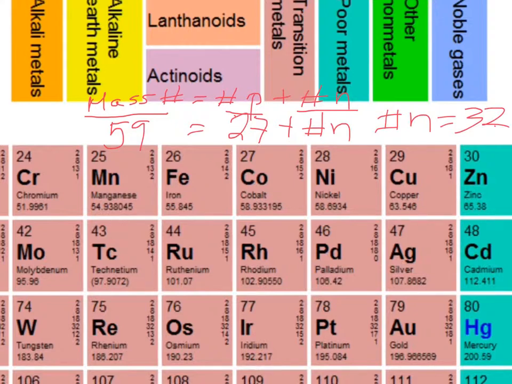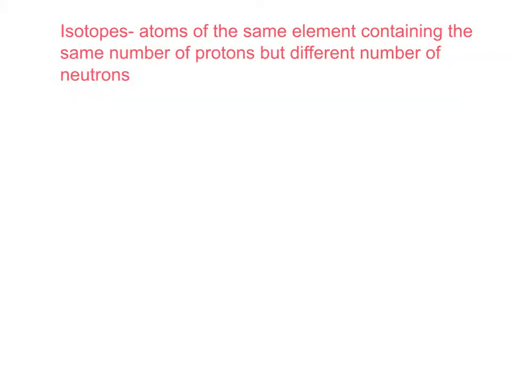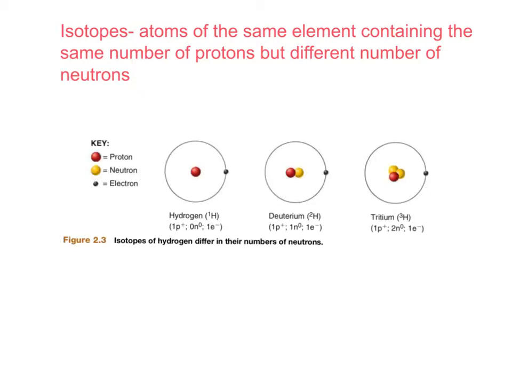Therefore, let's go on to define what is an isotope. An isotope is atoms of the same element containing the same number of protons but a different number of neutrons. An example of this would be the hydrogen atom. You have hydrogen 1, hydrogen 2, and hydrogen 3. Deuterium is hydrogen 2, tritium is hydrogen 3.